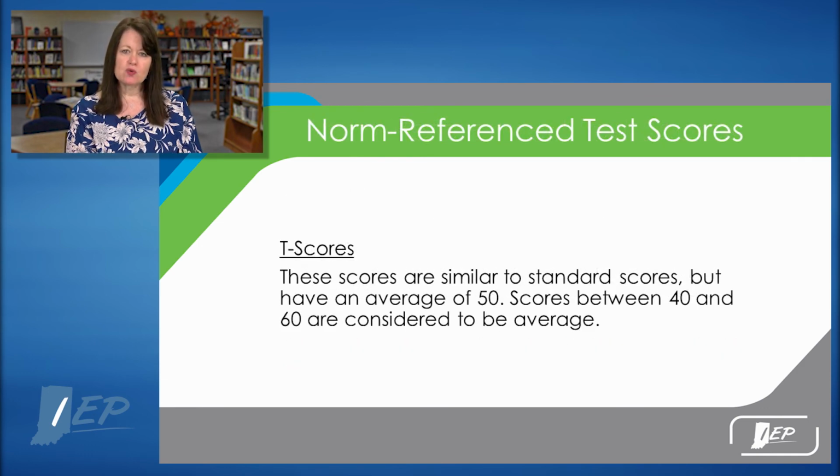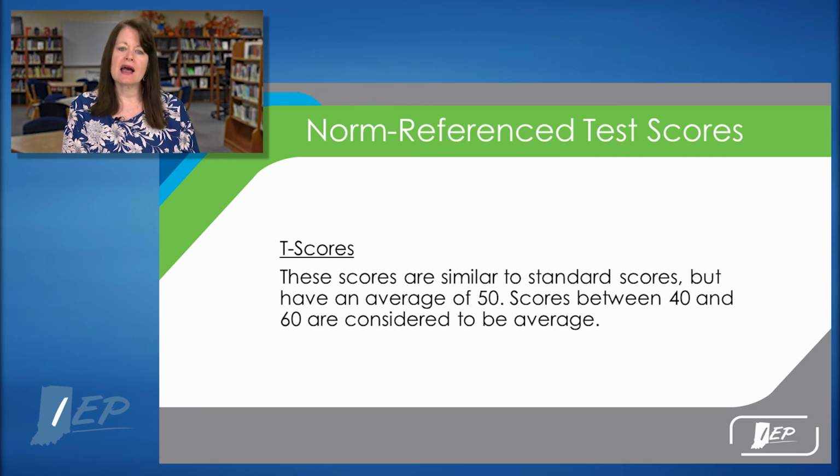We have T-scores on a lot of our behavior ratings, and some of our cognitive assessments will also give us T-scores. These are very similar to standard scores as well. However, in this case, the average is 50, and the scores between 40 and 60 are considered to fall within the average range.